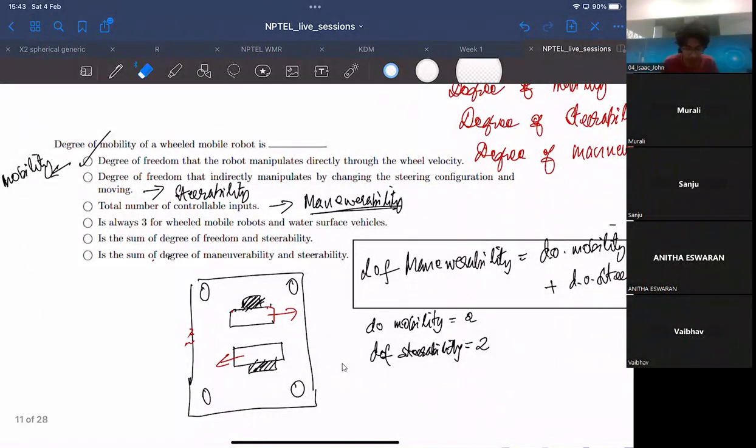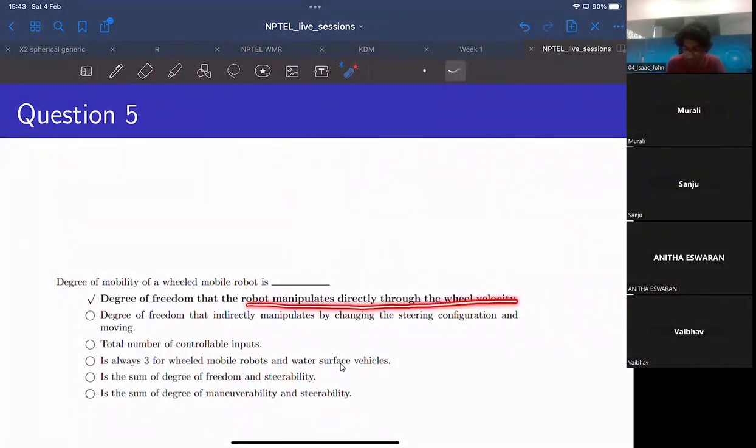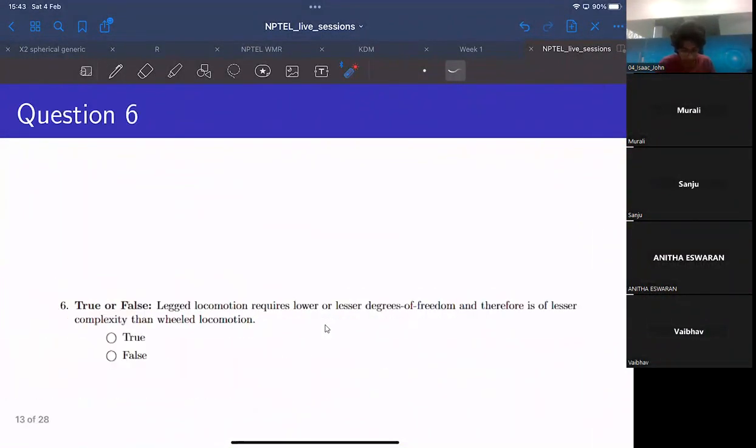All right. Thank you. So I hope you are all fine with the reasoning for this answer. The degree of mobility corresponds to the degree of freedom the robot directly manipulates through the wheel velocity. All right. So moving on to question 6.